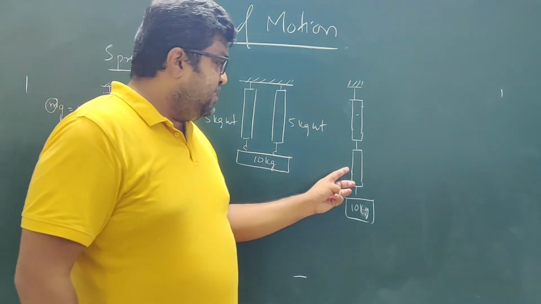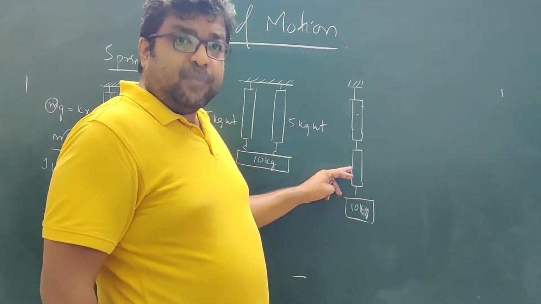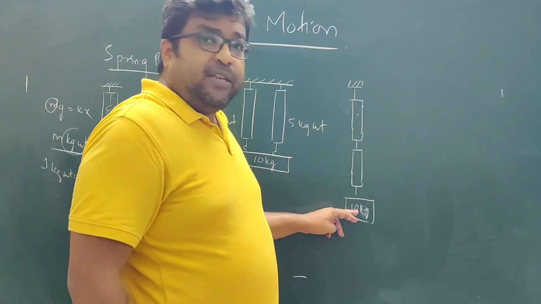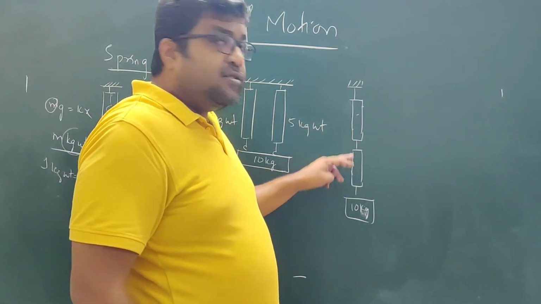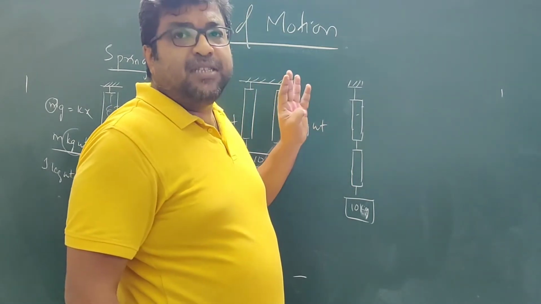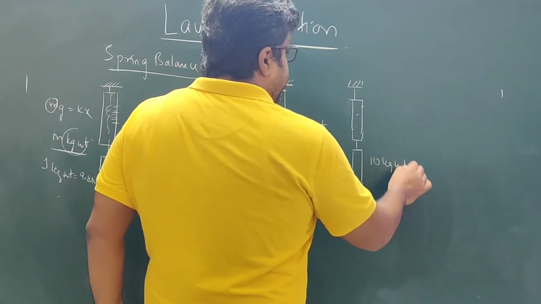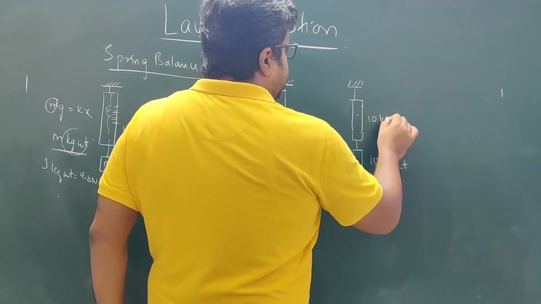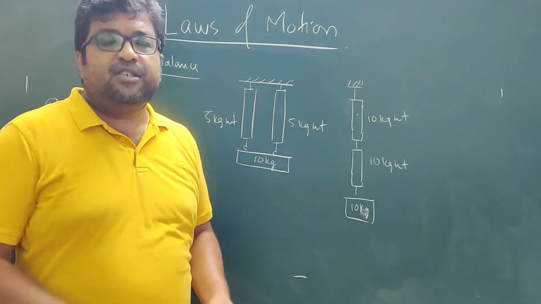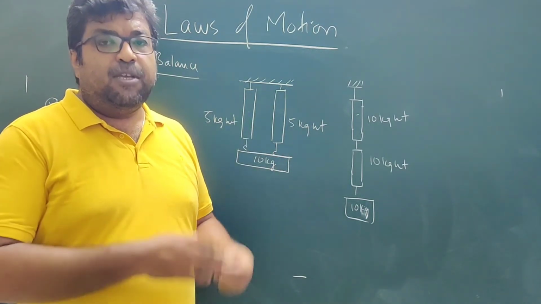That means see, this 10 kg is pulling this, and this is pulling this. So this is acted upon by this 10 kg load, and this is also acted upon by this 10 kg load, provided we are assuming that this does not have much mass. So this will record 10 kg weight, and this will also record 10 kg weight. So in series they will measure the same weight, and in parallel it will be equally divided.